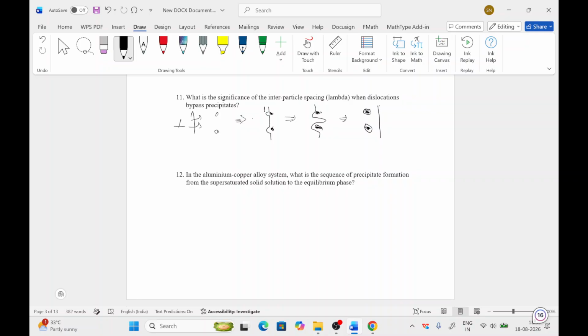If we take the distance between the particles as lambda, this distance decides the interaction of dislocation with these coarse particles.